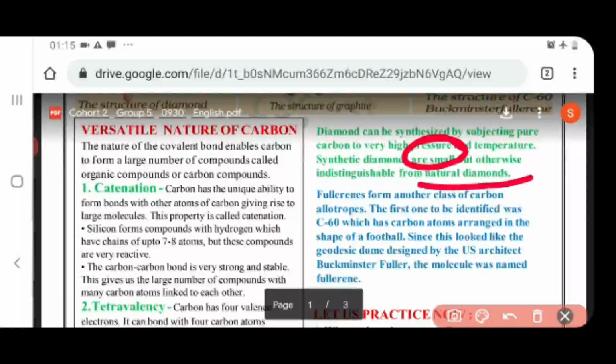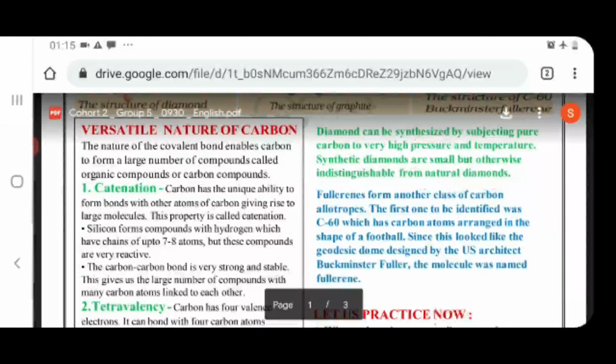Now there is another allotrope, fullerene, which is also an allotrope of carbon. Fullerene forms another class of carbon allotrope. The first one to be identified was C60, which has carbon atoms arranged in the shape of a football. In fullerene, C60 means 60 carbon atoms.